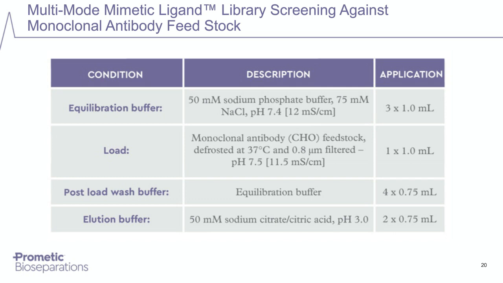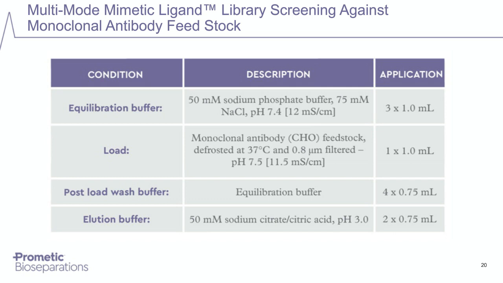We then load our feedstock onto this, so we're loading 1 mil. The columns are 250 microliters. The wells are 1 mil in volume, so we can load that as a 1 mil fraction. If we wanted to, we could load more than that, just simply by, after that first mil has drained through the columns, we can then pipette on another 1 mil fraction.